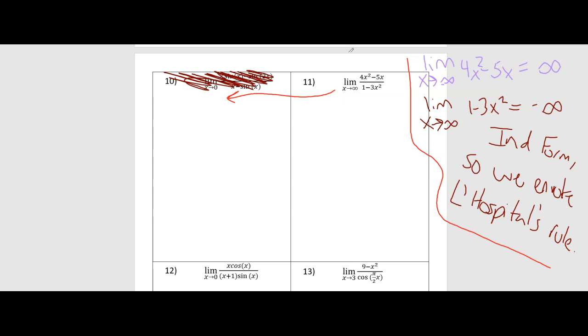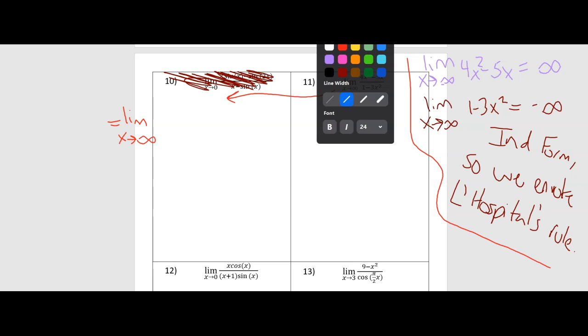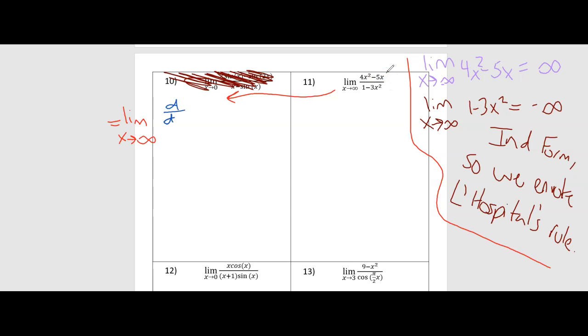So I'm going to start over here. This is now equal to the limit as x approaches infinity of the derivative of my numerator divided by the derivative of my denominator.